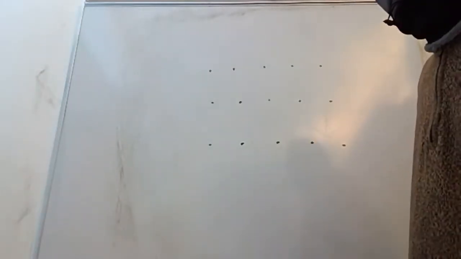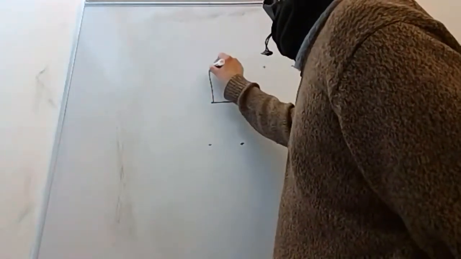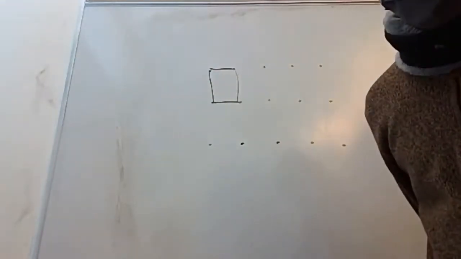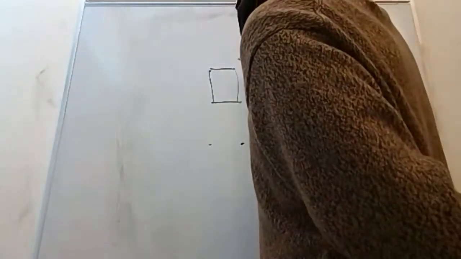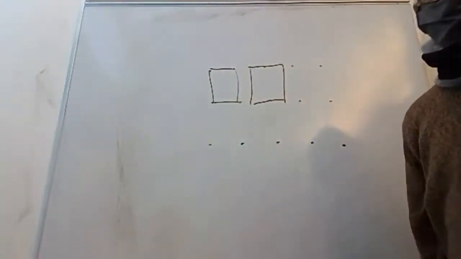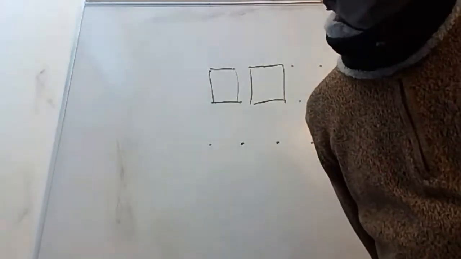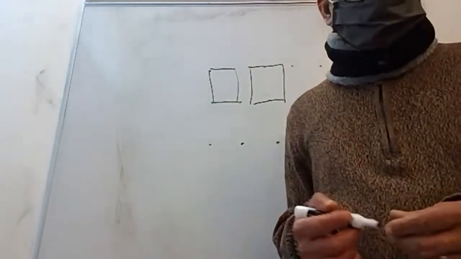Okay. I can draw a line this way. That's one. Or I can also draw a line like this. Because that's my choice, right?